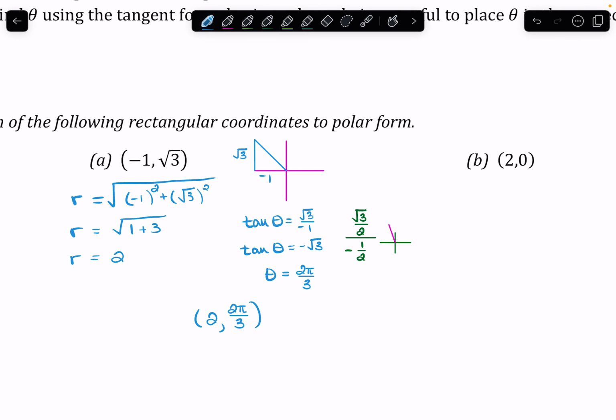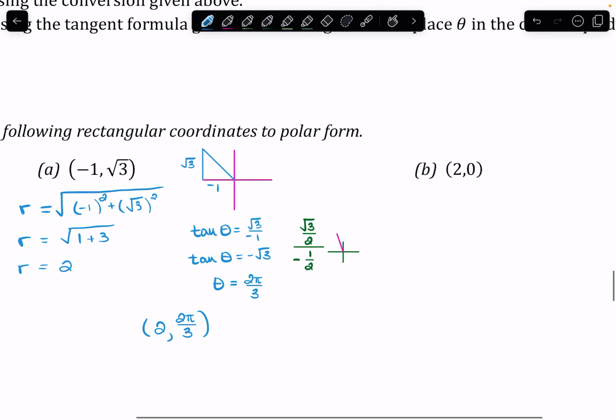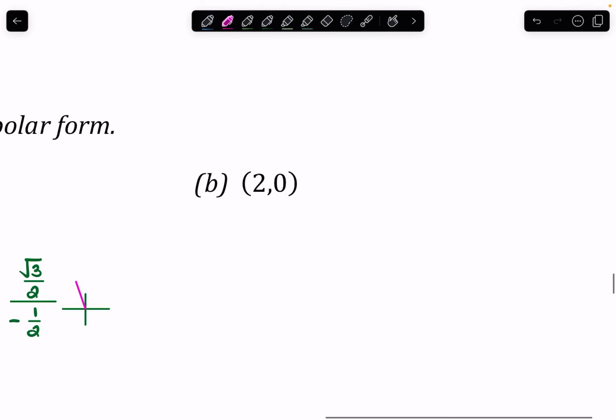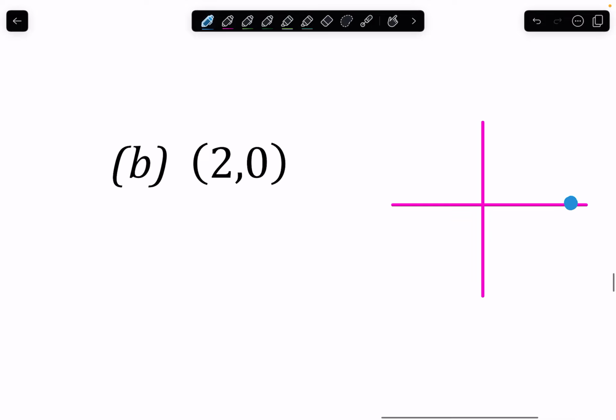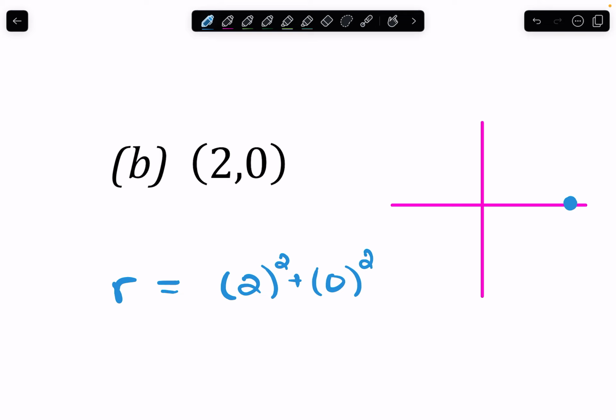All right, next one. 2 comma 0. So again, I'll draw it first this time. So x is 2, y is 0. That puts us here. So r equals the square root of x squared plus y squared.